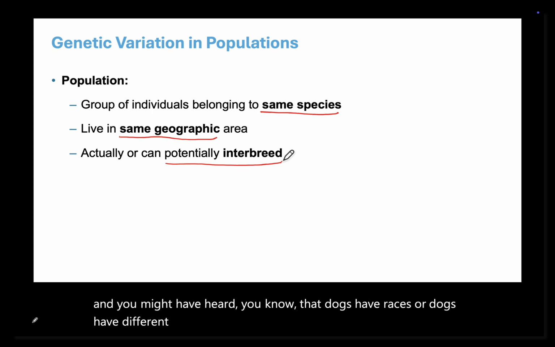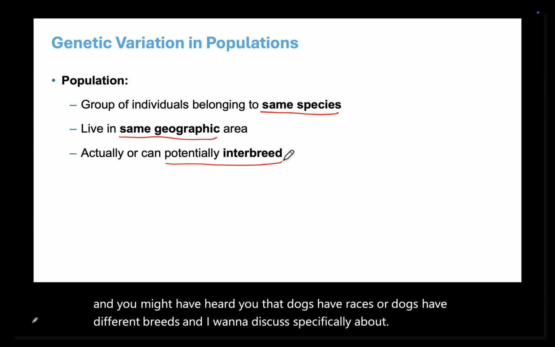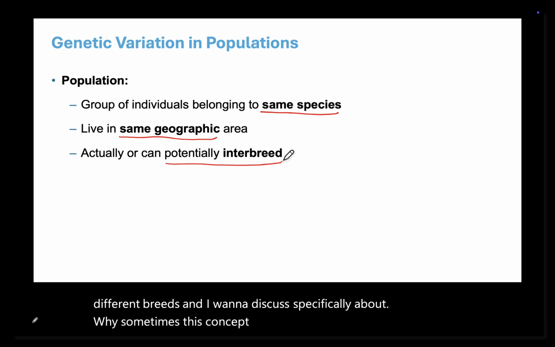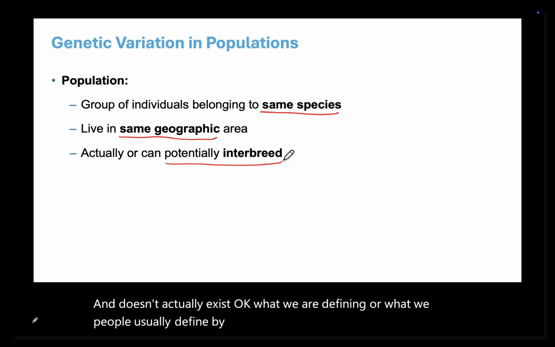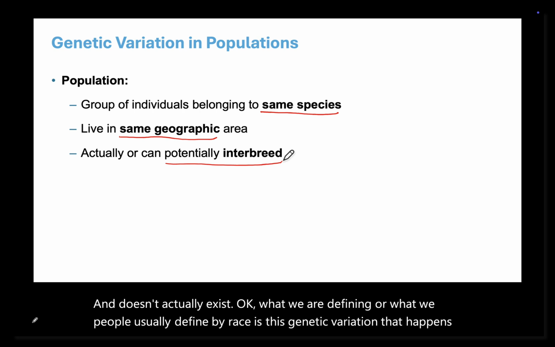And I want to discuss specifically why sometimes this concept of race is wrong and doesn't actually exist. What people usually define by race is this genetic variation that happens within the population.